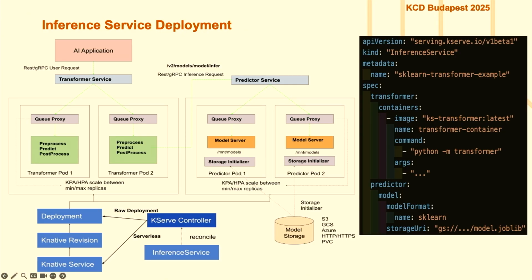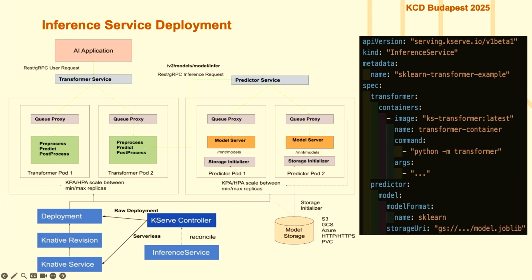So if you deploy this YAML, the KServe controller understands the InferenceService custom resource. Based on the config we set, it could be a raw deployment or a serverless deployment with the help of Knative. So we have the transformer service, we have the predictor service, we have pods for the transformer, we have pods for the predictor.